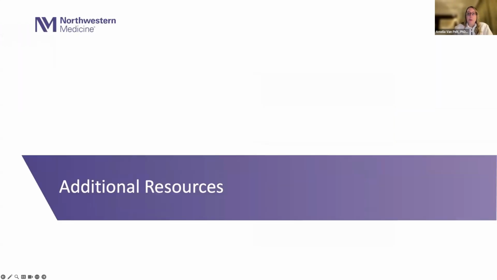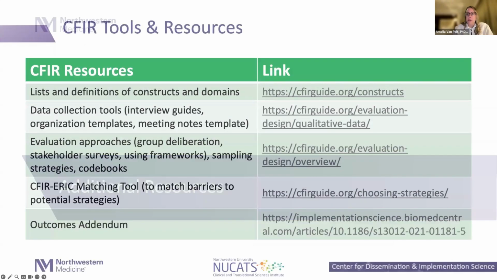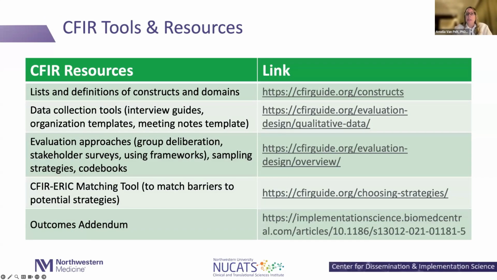We did include a couple of additional resources that may be helpful, primarily related to CIFR. So if you all decide CIFR is useful for your work and you want to go in and actually apply it to your study, here's a list of resources that you could examine or explore further. So we included things like the CIFR website, which has a detailed description of all of the constructs and domains.